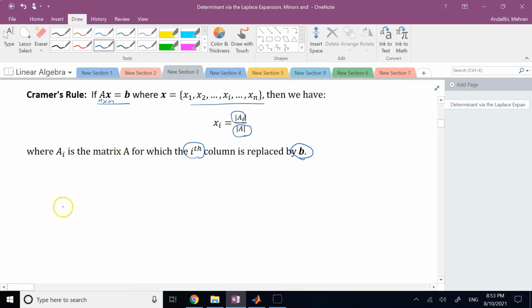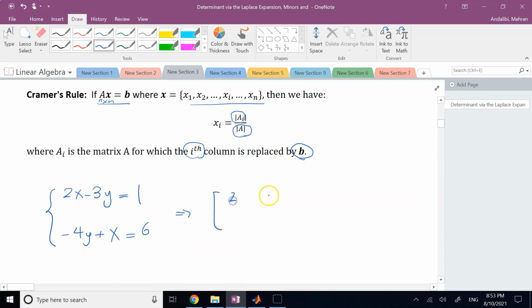Let's say, for example, I have a system of equations like 2x minus 3y is equal to 1 and negative 4y plus x is equal to 6. Okay, so what I will do, I will rearrange it into the matrix format.